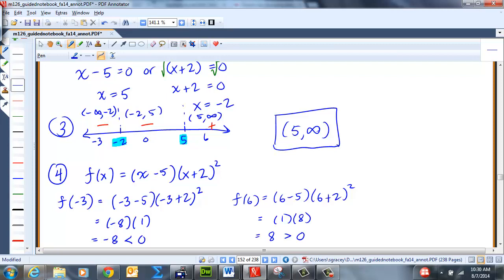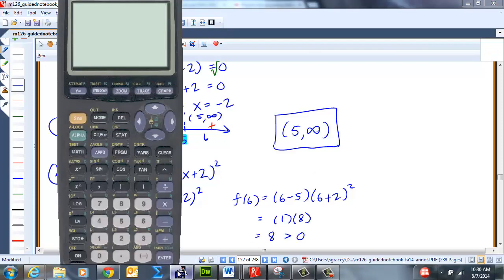Okay, so let's double check our work here by using our graphing calculator. So here we go. We'll clear this stuff out.